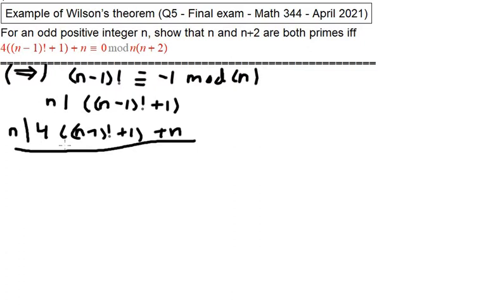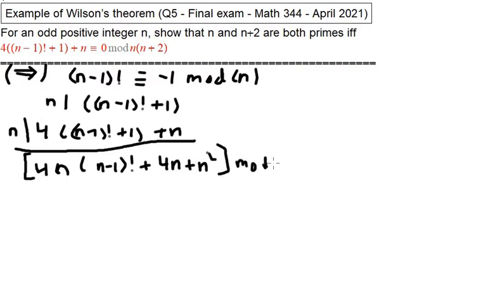Take the original expression again and multiply by n. So you've got 4n times n minus 1 factorial plus 4n plus n squared. Alright, so consider this expression in mod n plus 2 world.